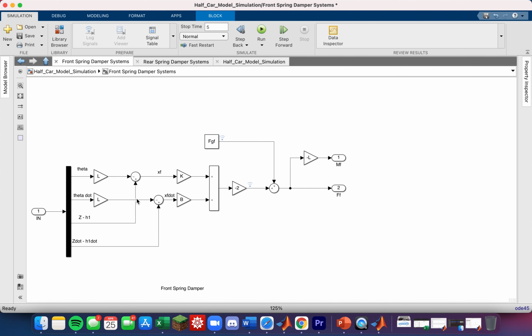Looking at the front spring damper system, here the inputs are theta, theta dot, z minus h1, and z dot minus h1 dot. They are put through the same equation that we used to find the front force earlier in this section. Additionally, the force of gravity is added. The output is the moment of F and the force of F.